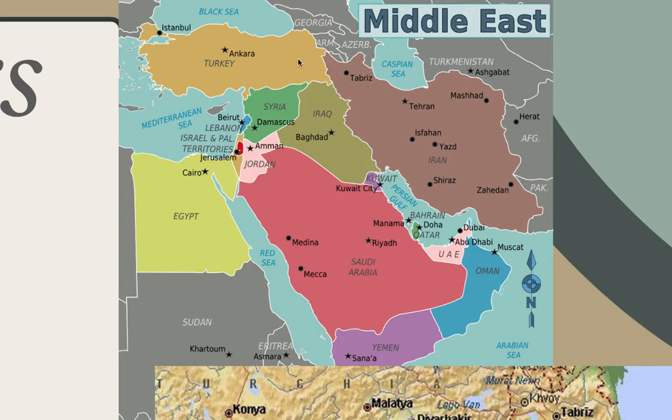But if we look at 2 other countries in this region, Turkey and Egypt, these are both bicontinental countries, meaning that they are on two continents. So if you look here by Istanbul, this area by the Bosporus Strait, that area is in Europe. So Turkey is in Asia and in Europe. So part of the Middle East is in Europe.